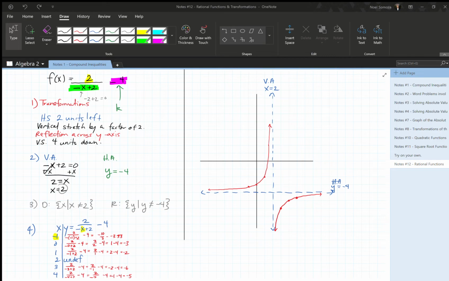Using our vertical asymptote, I know that to get a vertical asymptote, I set the denominator equal to 0. So I have x minus 3 equals 0, so I have an asymptote at x equals 3. So at 3, I can draw a vertical line.